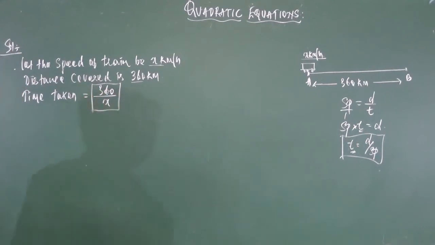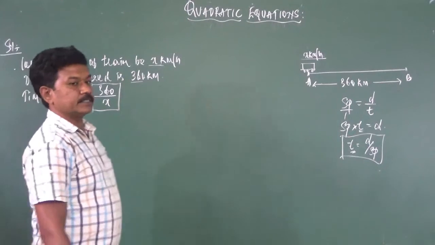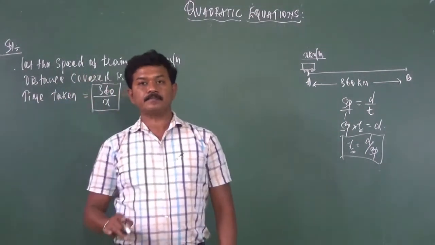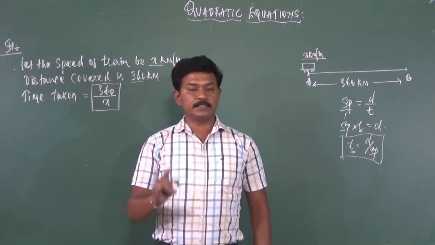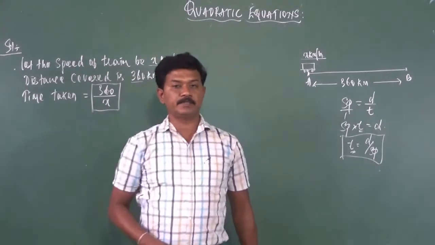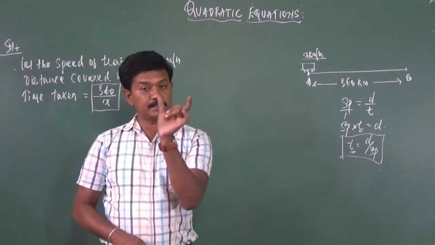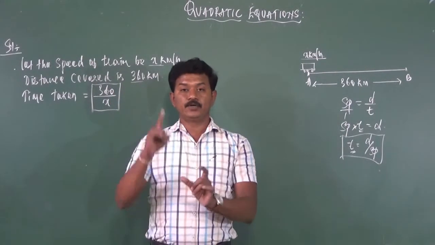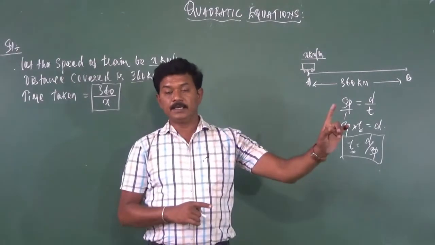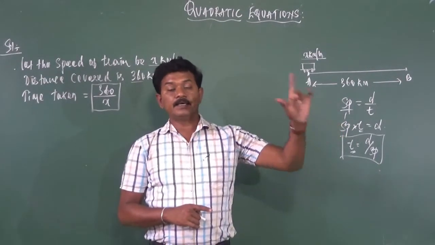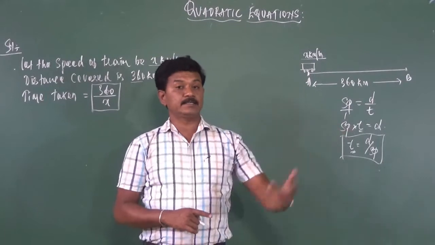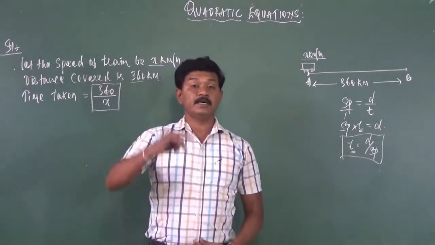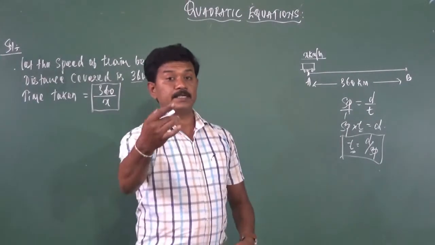It's time. Okay. Now the speed of the train is increased by 5 km per hour. Since the speed is increased by 5 km per hour and the distance remains the same, will the time taken by the train to go from A to B be reduced or increased? The time reduces because the speed is increased.